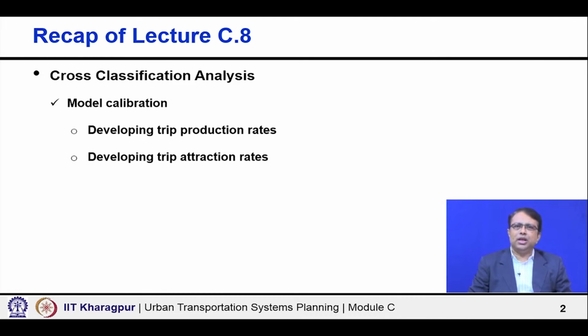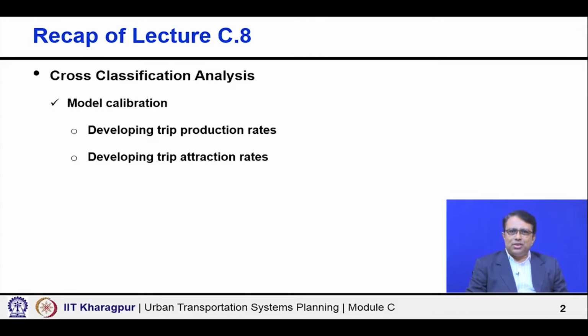Then in Lecture 8, we discussed the model calibration part. That means, once we have developed the structure, how to develop the trip rates and further classify those trips for different trip purposes or different categories of trip.